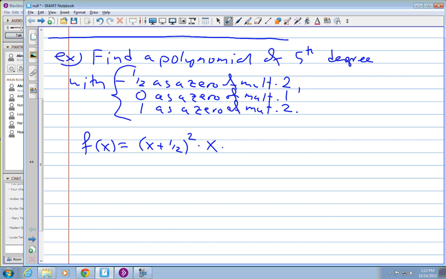So x minus 1. But multiplicity is 2, so squared. Right. So the multiplicity basically gives you the exponent, and the sum of all multiplicities should give you the total degree of the polynomial.